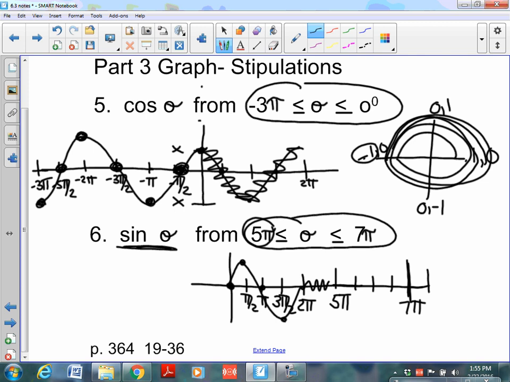Sine is 0 at 5 pi. Sine is 0 at 7 pi. So can I make my sine graph between 5 pi and 7 pi? Do you know what it looks like? I don't even know how to do this. It starts here. Where's my next dot going to go?